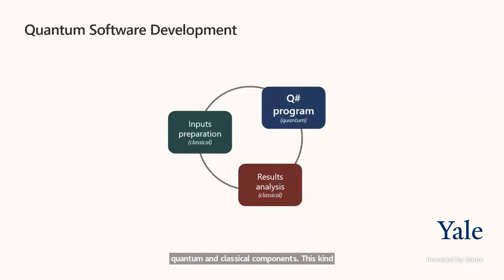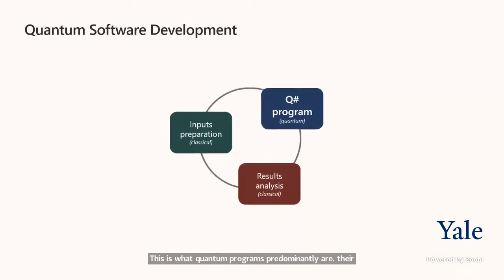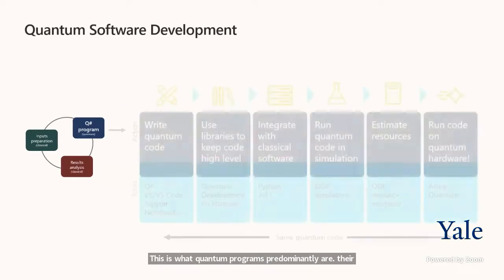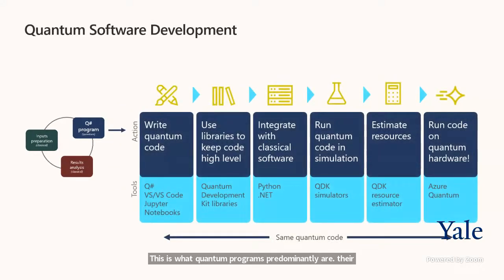So this kind of algorithms requires integration of quantum and classical components. This kind of algorithms is called hybrid algorithms. And this is what quantum programs predominantly are. They're hybrid. With this in mind, here is what our quantum software development process is going to look like.